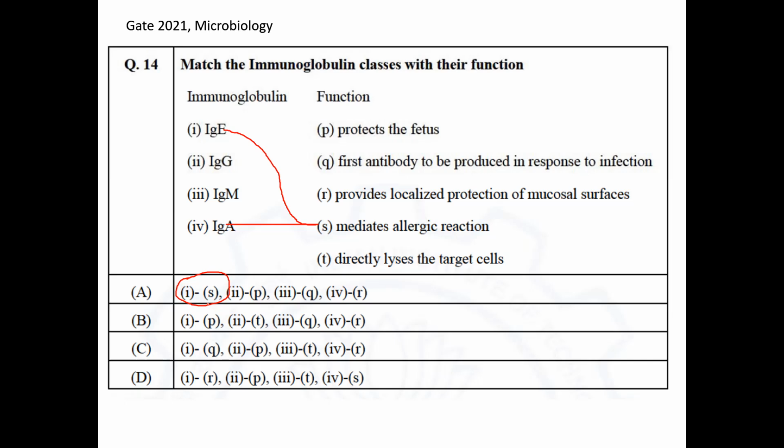So in this way, in 1 second only you can answer this question, but for explanation purposes I will go through each and every option.